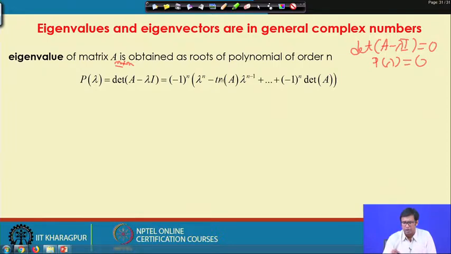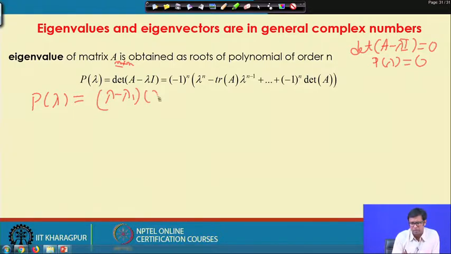If we look into this equation, the eigenvalues are lambda 1, lambda 2, up to lambda n, which are roots of the polynomial lambda minus lambda 1 into lambda minus lambda 2 up to lambda minus lambda n.